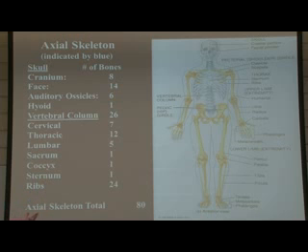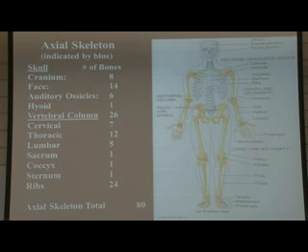So when we actually look at the bones in our body, if we look at the skull, we had 8 cranial bones that actually surround the brain and protect the brain that we looked at yesterday. We actually have 14 bones that make up our face. Okay. And then we have those 3 little dinky bones that we find in our inner ear we looked at, the inner ear ossicles.